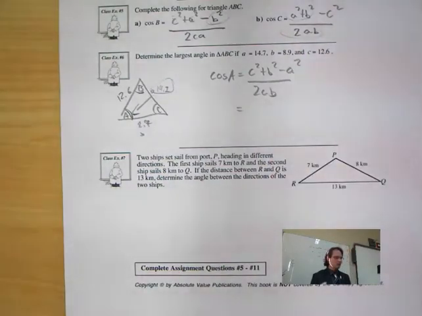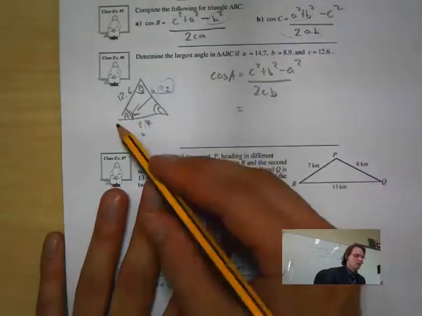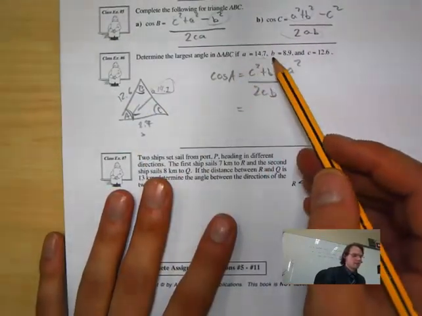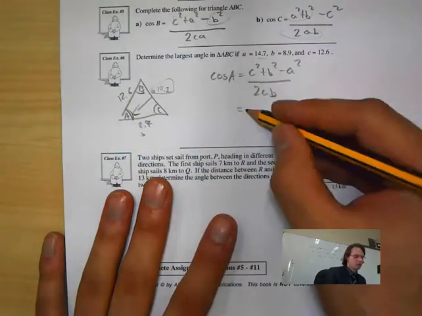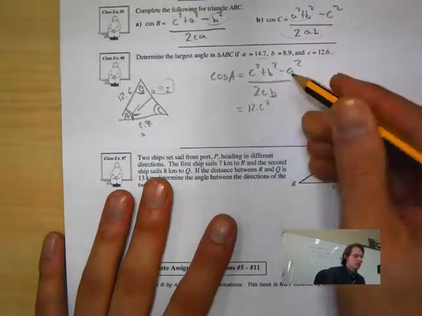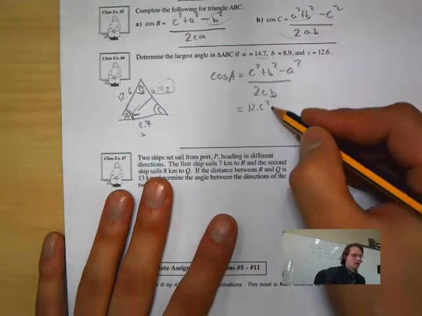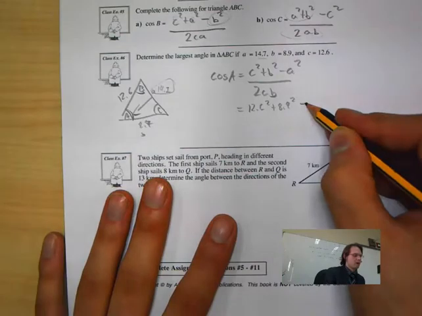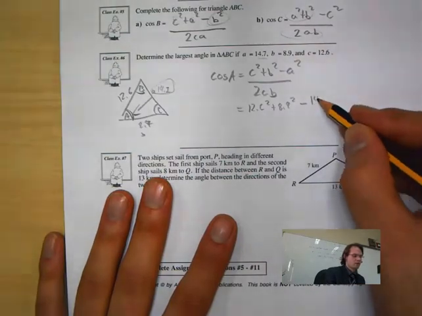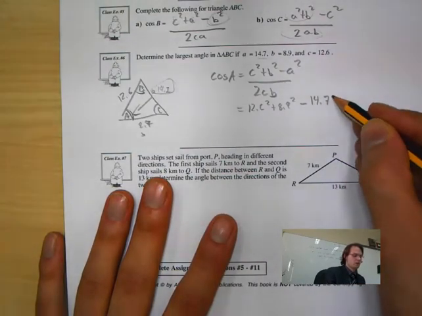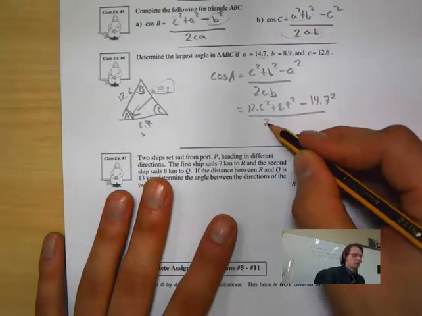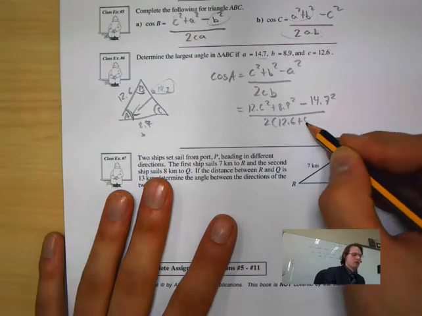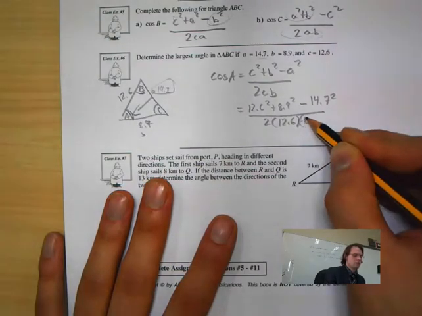So we're going to continue this. We have c squared, 12.6 squared, plus b squared, 8.9 squared, minus 14.7 squared. And all this is over 2 multiplied by 12.6 multiplied by 8.9.